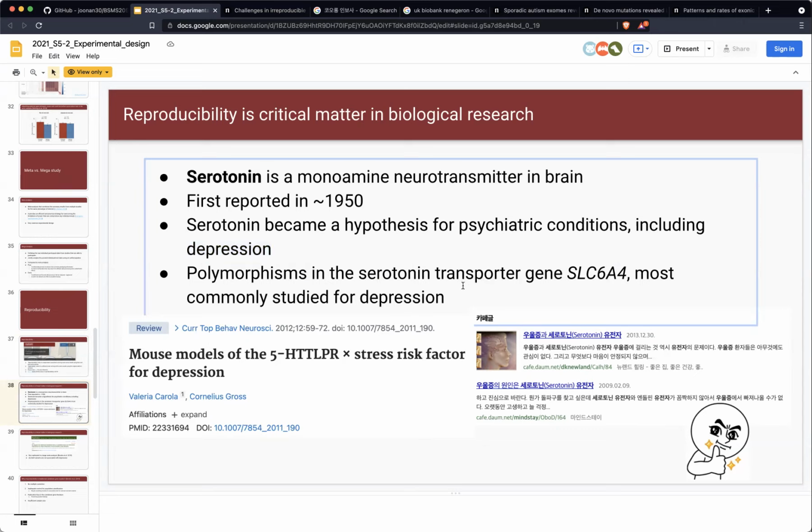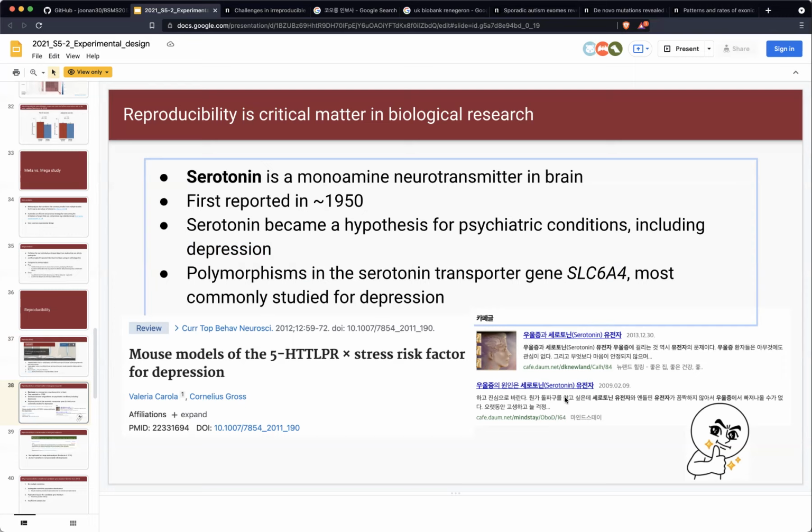So what people do is create a mice model because they want to validate this mutation in depression, right? So they chose this hypothesis for the mice model, and people heavily studied this disorder, right? And if you read some media or blog posts, people quite often talk about depression and the serotonin gene, right?